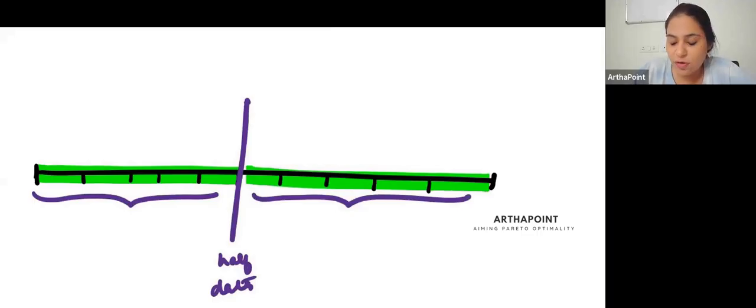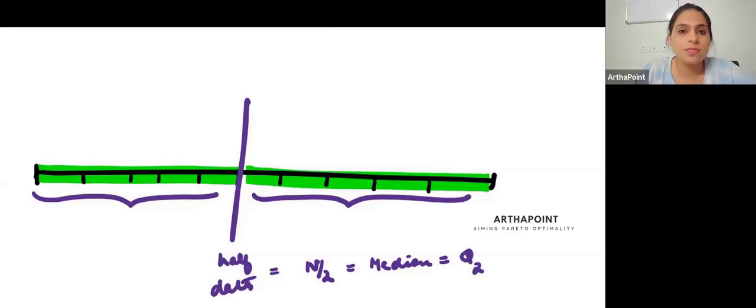This half of the data set was called the median. But if your data, instead of getting split in 2, is getting split in 4, then it becomes Q2. And if this data is getting split in 10, then this becomes D5, decile 5: 5 portions of the data set on one side and 5 portions on the other side.